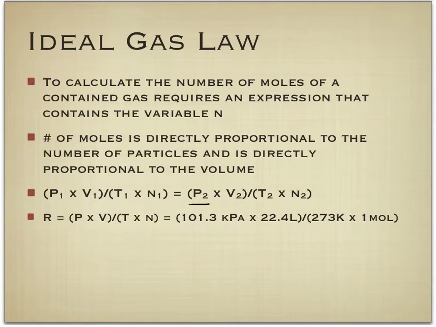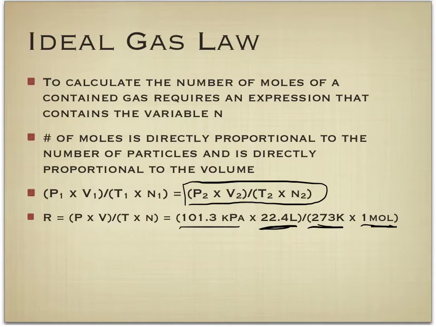Now, let's assume that on this one we put everything at standard things that we are familiar with. Standard pressure, 101.3. The volume, 1 mole, therefore it would be 22.4 liters, and standard temperature.